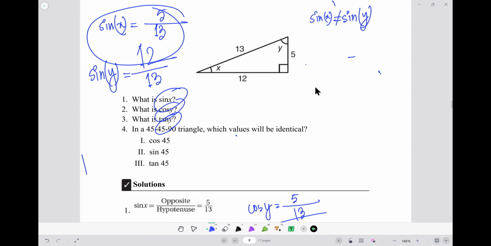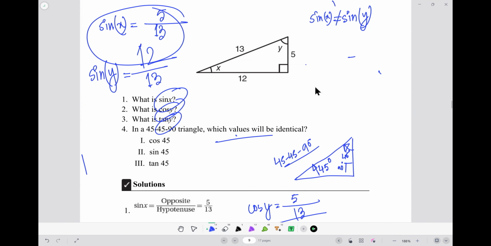This is a right triangle: this is 45 degrees, this is 45 degrees, and this is 90 degrees. This is a 45, 45, 90 degree triangle.